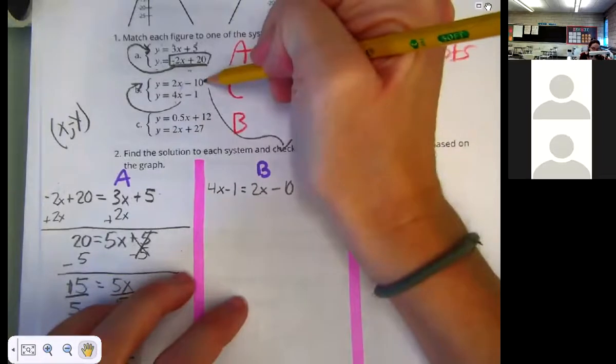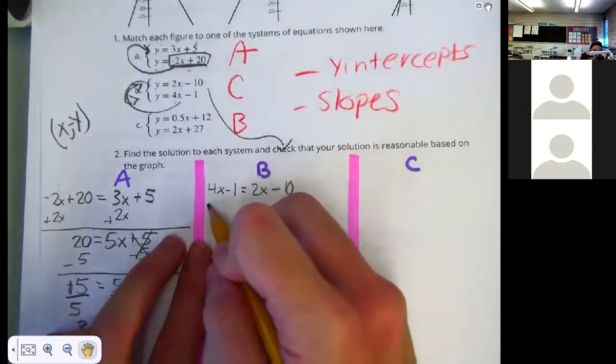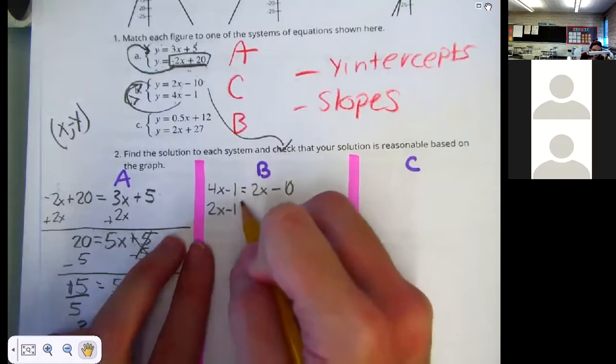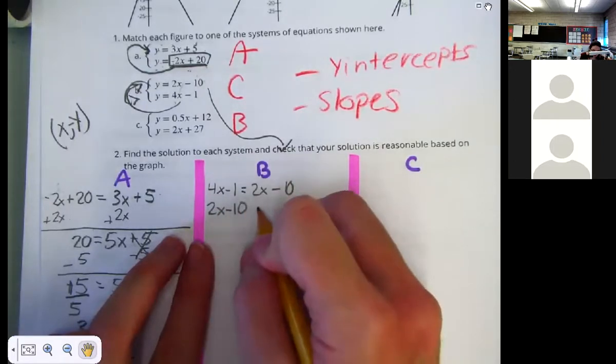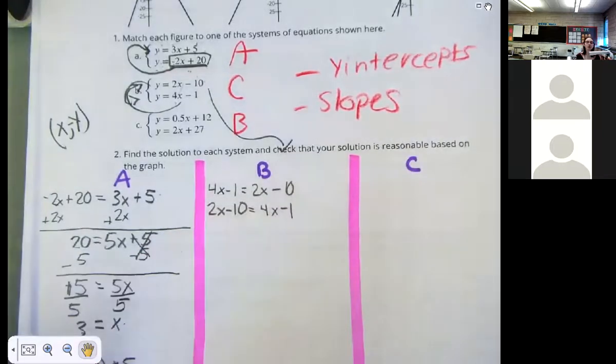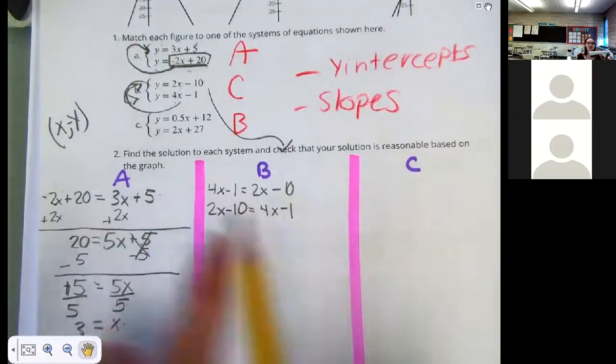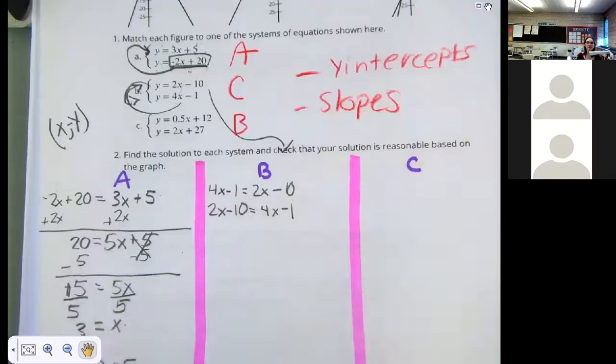You could substitute this one into this equation here. You could write it as 2x minus 10 is equal to 4x minus 1. Both ways mean the same thing, because remember, order does not matter as long as the signs stay together.